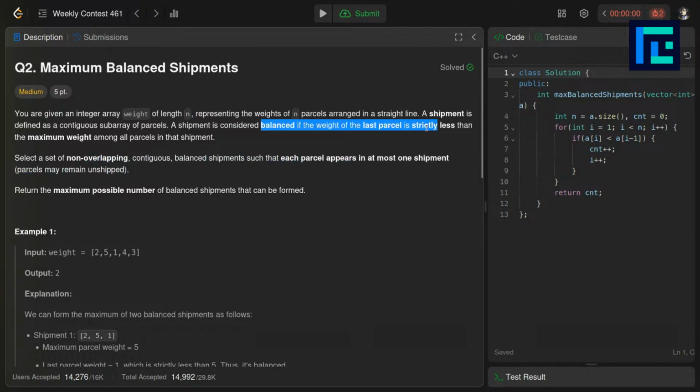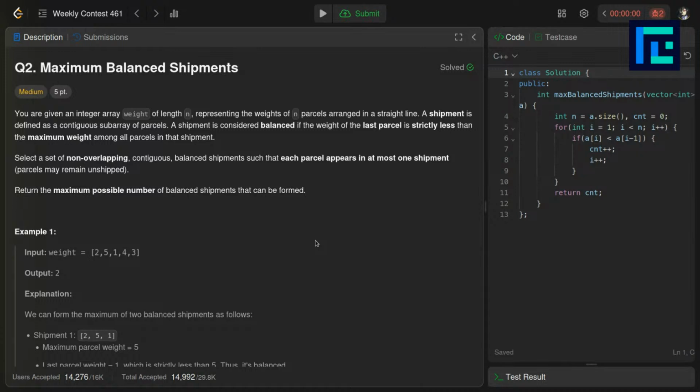Okay, balanced means the last parcel's weight is strictly less than the maximum weight of that shipment. So non-overlapping subarrays which are balanced, so that each parcel appears in at most one shipment, right? So that is obvious because it's non-overlapping, and some parcels may remain unshipped. That's also valid. Return the maximum possible number of balanced shipments that can be found.